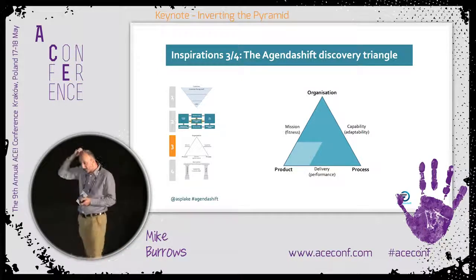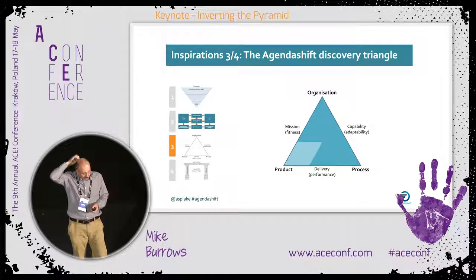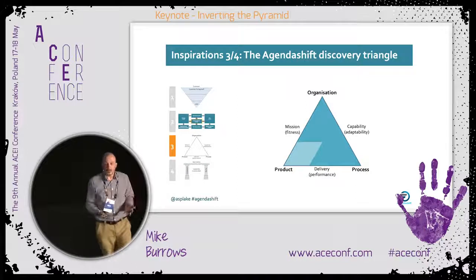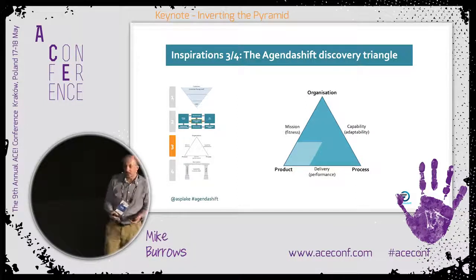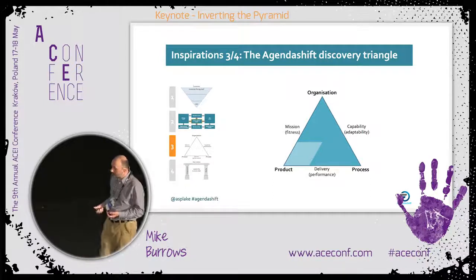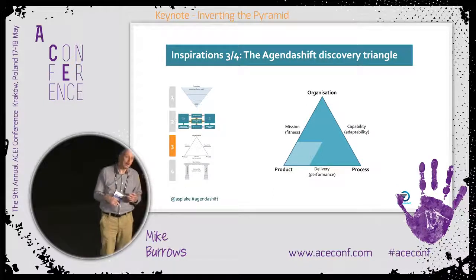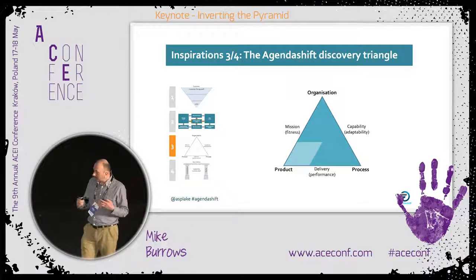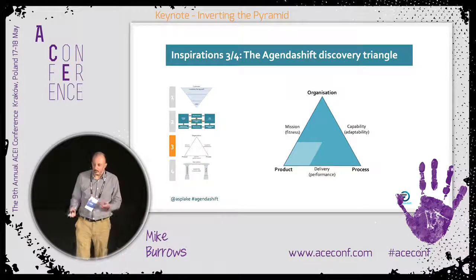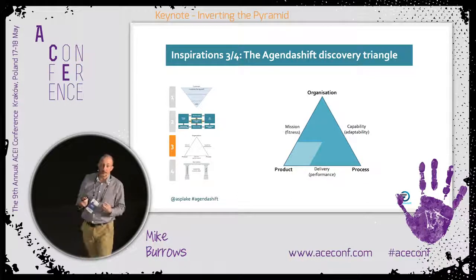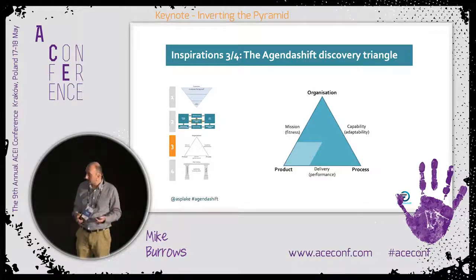With Agendashift, we start very much with organization and product. We start with what do we need to achieve as an organization, what do we need to achieve on behalf of our customers, and so on. We then look at our delivery process and our adaptability, not in a prescriptive way, but just looking at what are its characteristics. Are we getting the kind of outcomes that we want from our process?